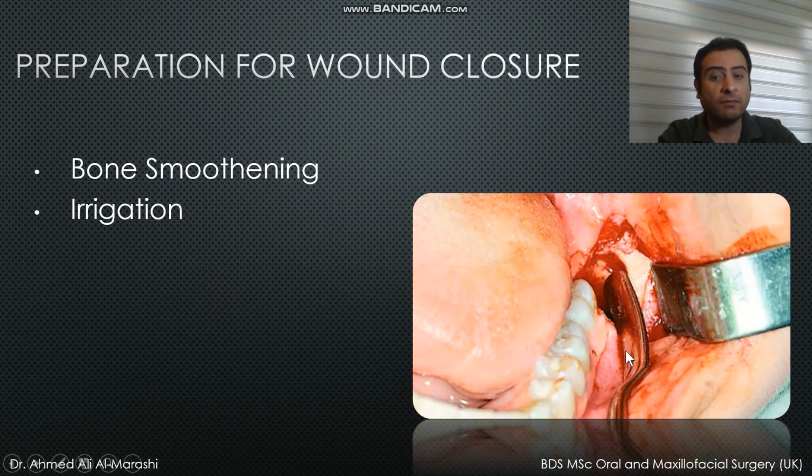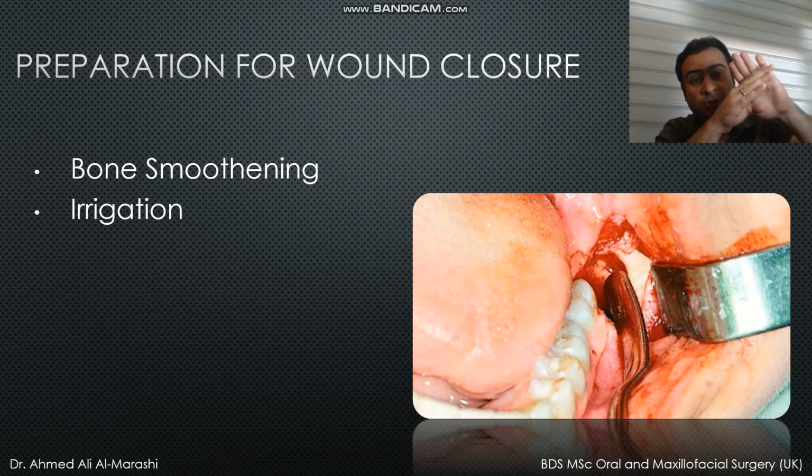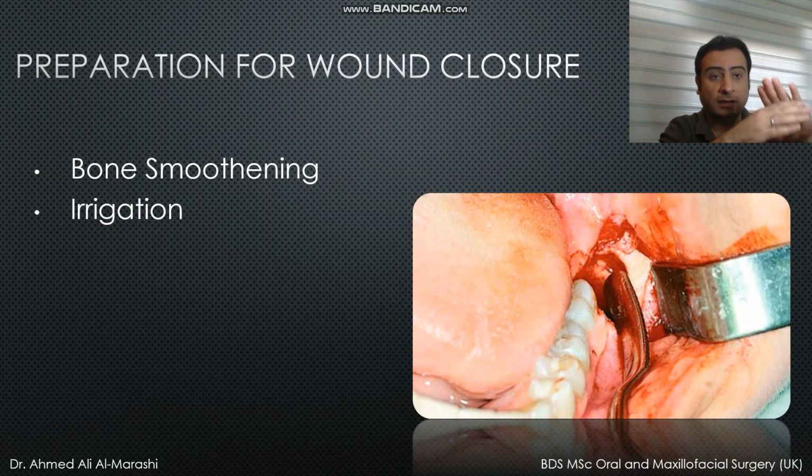We need to use a bone file to smooth the edges of the bone, because once we use the handpiece and the burr, sometimes we have sharp edges on the area of the bone that we have just cut, and we need to smoothen this out with a bone file just to allow the post-operative period for the patient to be more comfortable.